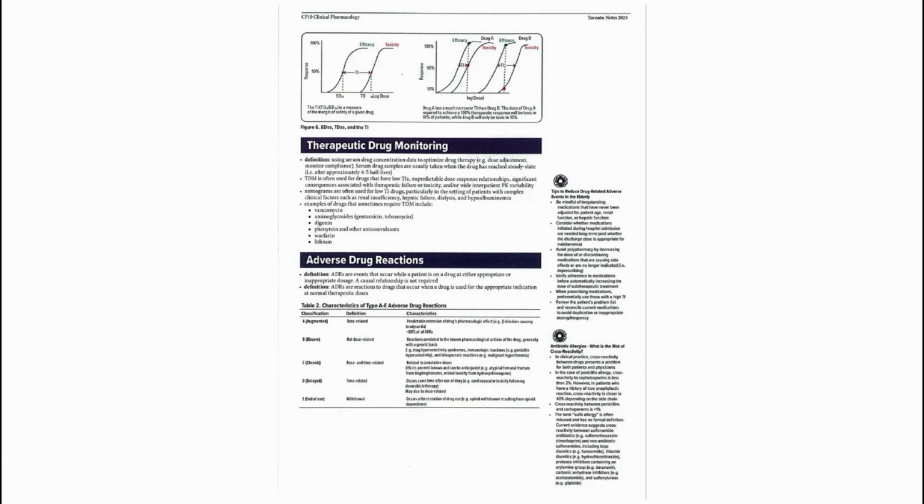Current evidence suggests minimal cross-reactivity between sulfonamide antibiotics, such as trimethoprim-sulfamethoxazole, and non-antibiotic sulfonamide-containing drugs, including loop diuretics such as furosemide, thiazide diuretics such as hydrochlorothiazide, carbonic anhydrase inhibitors such as acetazolamide, sulfonylureas such as glipizide, and certain protease inhibitors.